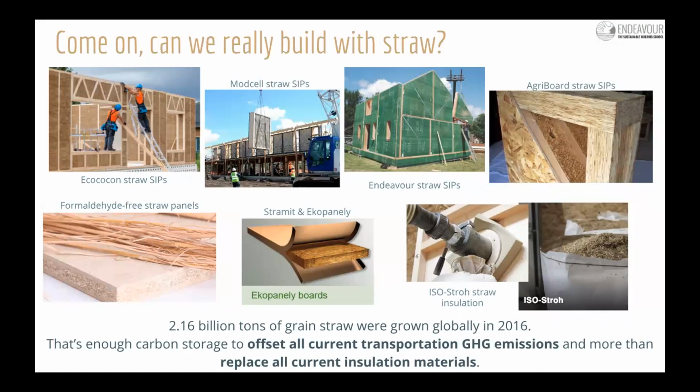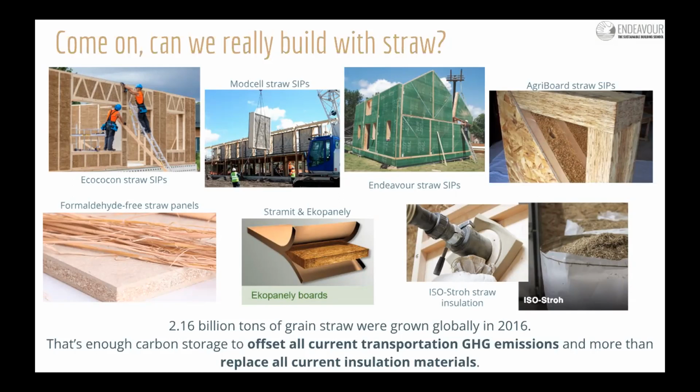Stramit and Ecopanly are a compressed straw interior wallboard, and Isostro is an Austrian company that's using ground up straw like cellulose as a blown-in insulation. So those are just some examples of materials that are being used currently.